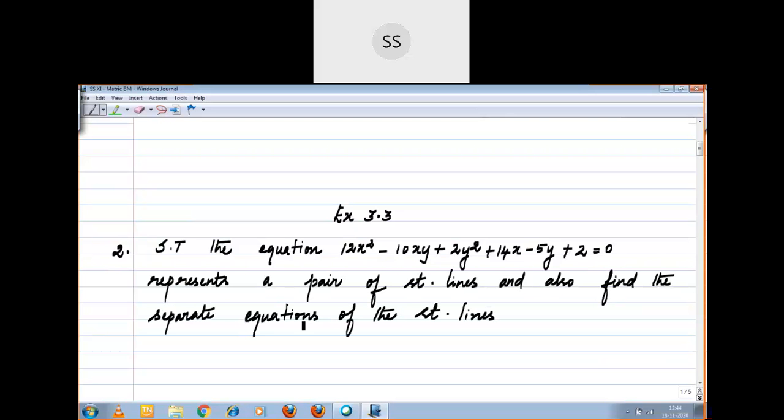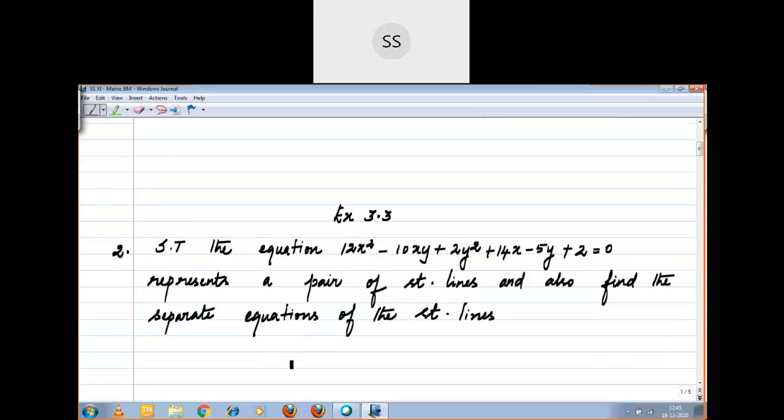Say once again, I'm going to read the question. Show that the equation 12x² minus 10xy plus 2y² plus 14x minus 5y plus 2 equal to 0 represents a pair of straight lines. How do we show it represents a pair of straight lines? The given equation should satisfy the condition. What is that condition? I have discussed already, right?